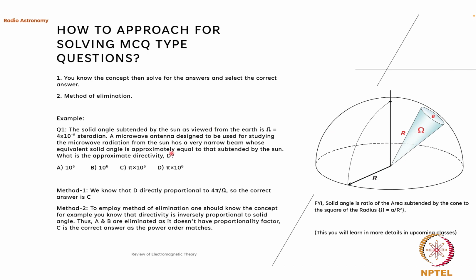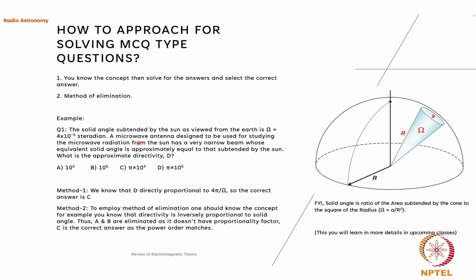The question also says that there is an antenna you are using to study the sun, which has a narrow beam which covers the sun exactly. And the question is asking to find the directivity of the antenna. Directivity is essentially a design metric for the antenna, which you will study in the third week of this course.